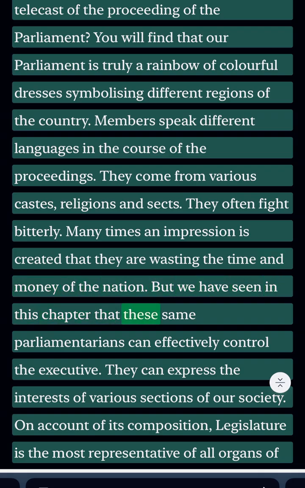nation. But we have seen in this chapter that these same parliamentarians can effectively control the executive. They can express the interests of various sections of our society. On account of its composition, legislature is the most representative of all organs of government.